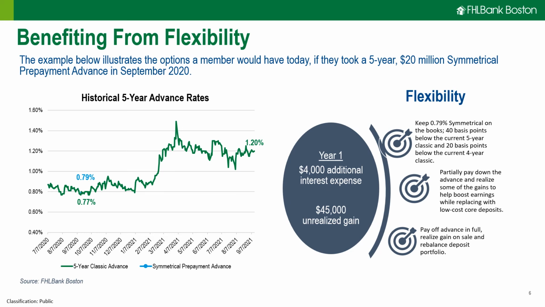And then the last option here is you pay off the advance in full, you realize the gain, and you rebalance your deposit portfolio, similar to what we did with the partial pay down, replacing either a new symmetrical or another advance that meets your needs or core deposits. So with this, you benefit from the flexibility in different rate environments with the symmetrical advance above that of the classic advance.